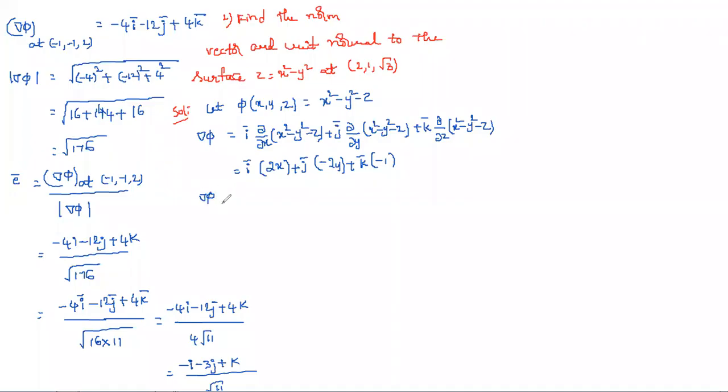Del phi at the point (2, 1, root 3): 2 into 2 for i, j into minus 2 times y, which is 1, plus k into minus 1 as it is. So what we get is 4i minus 2j minus k.